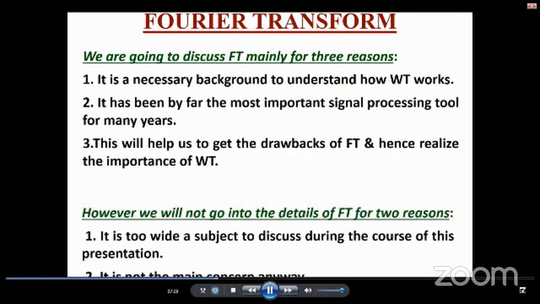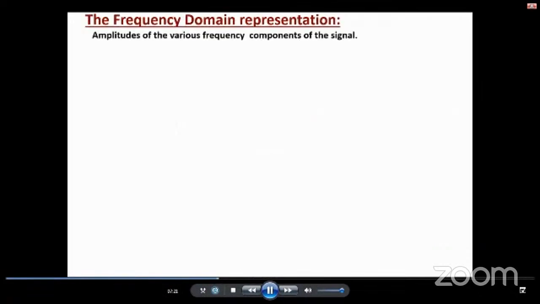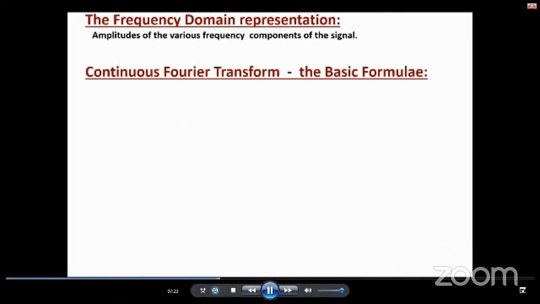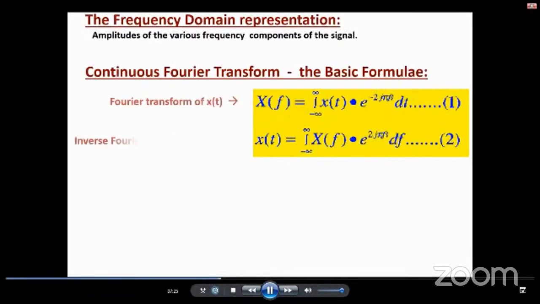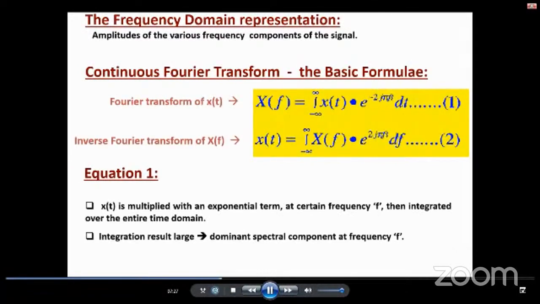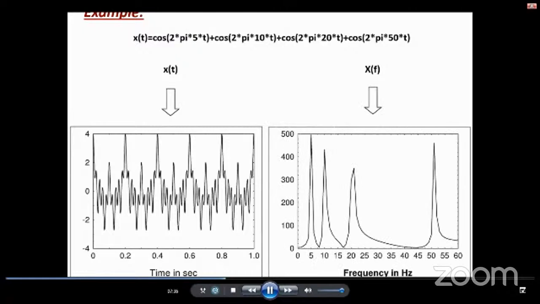The drawback is that it is a problem if it is a non-stationary signal, that is, one in which the frequency components vary with respect to time. I am not going into the details of the Fourier transform because these are familiar to all of us. So see here, two types of signal have been taken. Obviously this one is stationary.